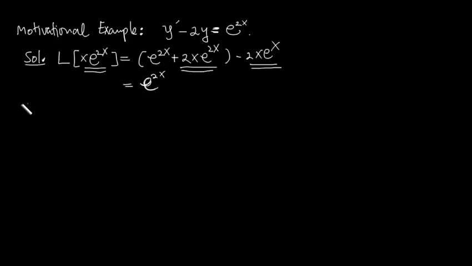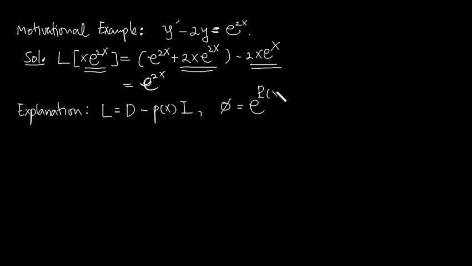Here is the explanation of this cancellation. Suppose we have L, which is slightly more general, but still first order. So it is D minus p(x) I, that's the operator. Then our kernel is the antiderivative, e to the P(x) there, right?